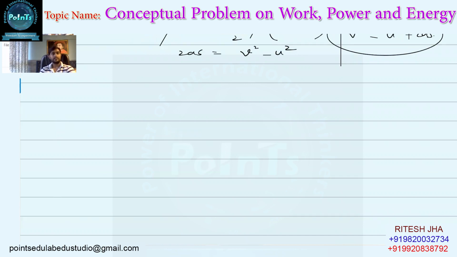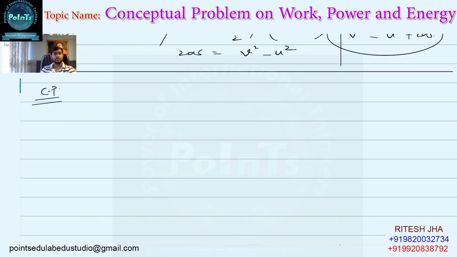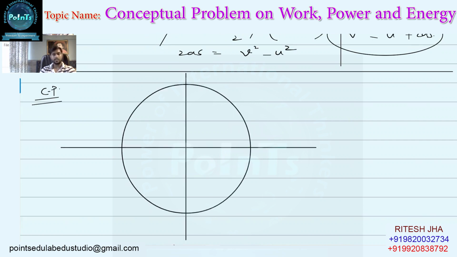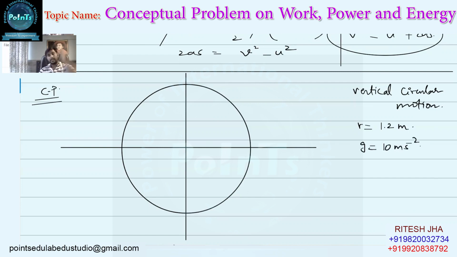Okay, here I'm giving you a question. Here is a checkpoint. An object is performing vertical circular motion. The radius is 1.2 meter. Consider g as 10 meter per second square, and the mass of the block is 0.5 kg.